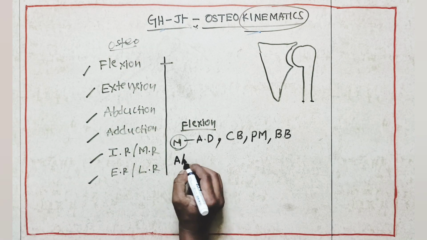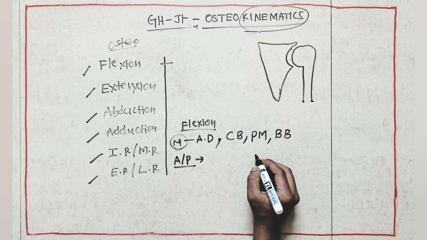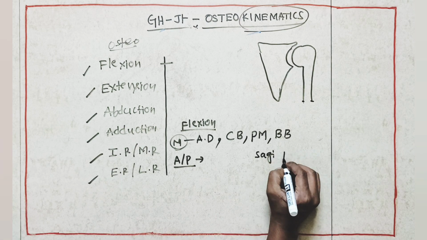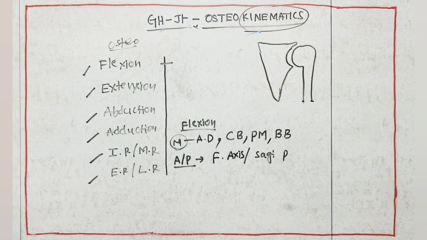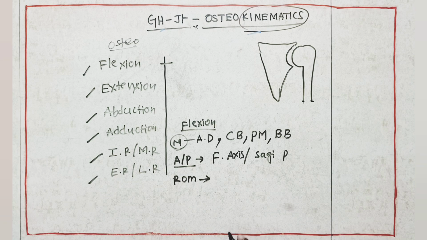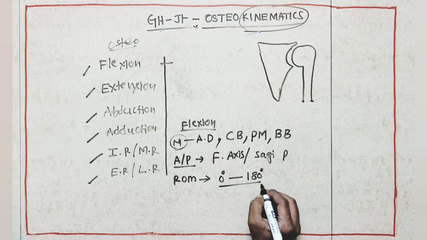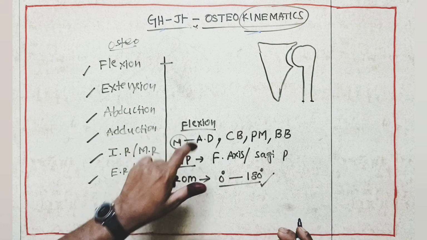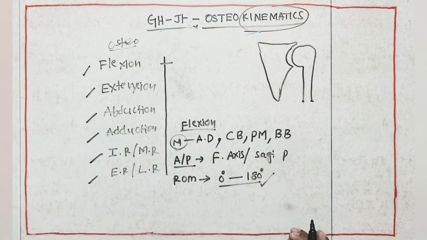After that, which axis and plane? Usually flexion and extension happen in the sagittal plane and frontal axis. The normal shoulder flexion range is 0 to 180 degrees, but it varies from individual to individual. This is about the osteokinematics of glenohumeral joint flexion.